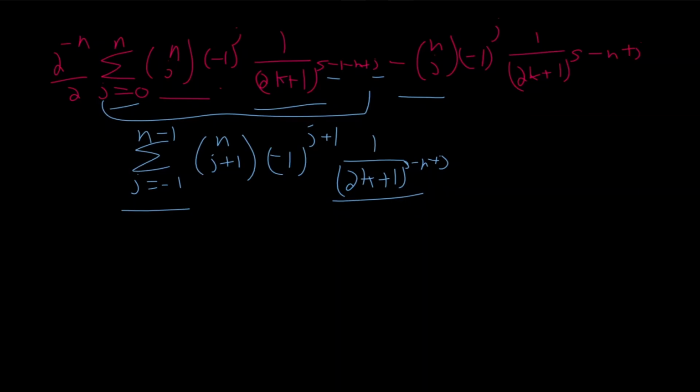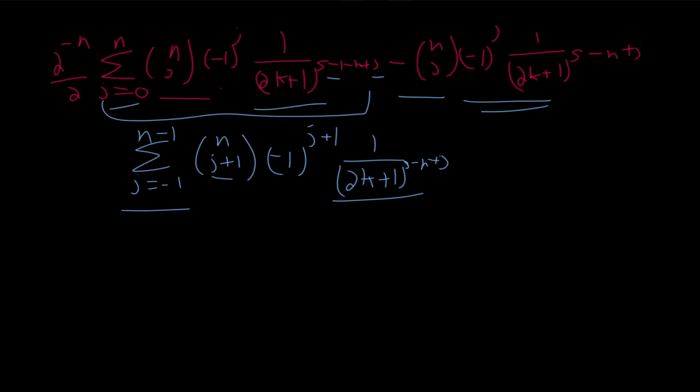And the reason for that is because, take this term right here. N choose -1, in this case, it's just going to be negative. So whenever we evaluate the sum from j equals -1 all the way up to n, this term right here is just going to be 0 and not actually contribute anything. And likewise, you'll see that we have a j plus 1 right here. So if we evaluate the sum at n, the term that results is just going to be 0.